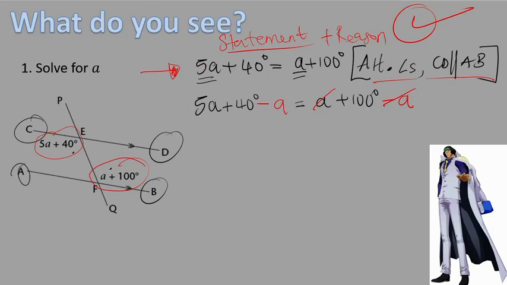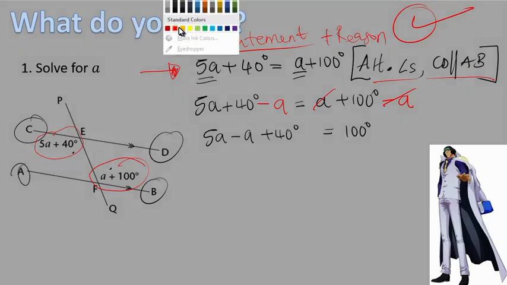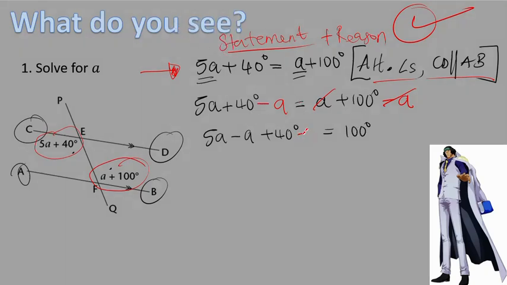What else am I supposed to move again? I'm supposed to move the 40 degrees. So here I have 5A minus A, right? And then I have plus 40 degrees is equals to 100 degrees. And I have to move the 40 degrees. How do we move the 40 degrees? The additive inverse. I'm going to say minus 40 degrees and minus 40 degrees this side. The additive inverse of plus 40 is minus 40.